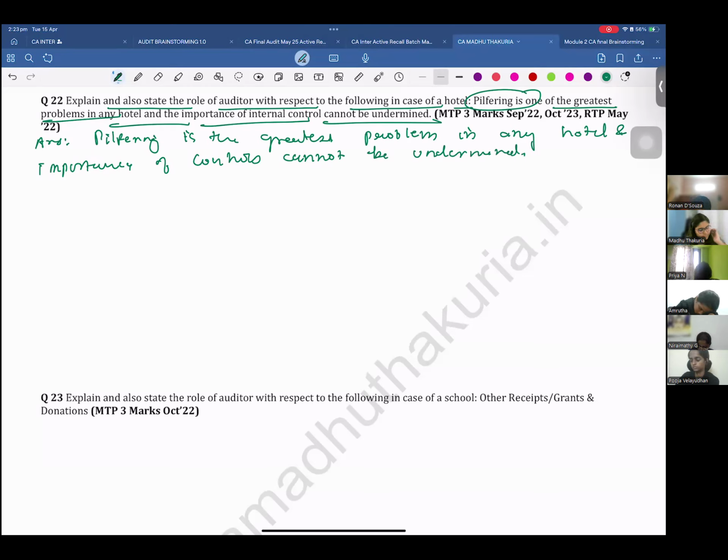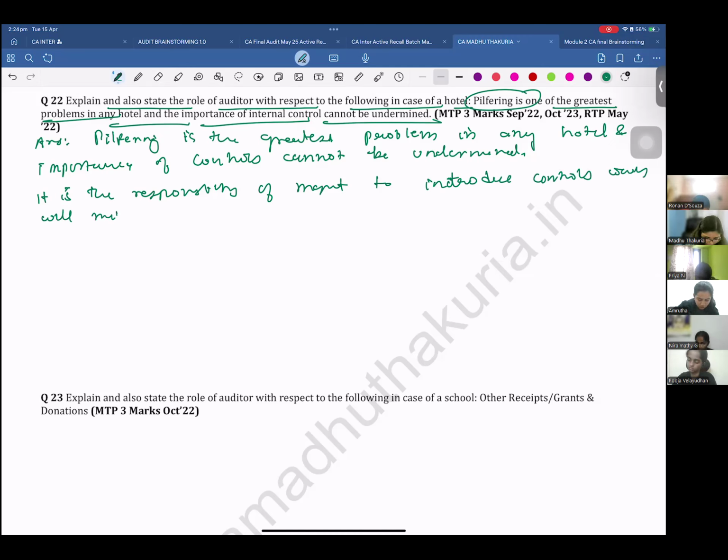Why? It is the responsibility of management to introduce controls which will minimize leakages.